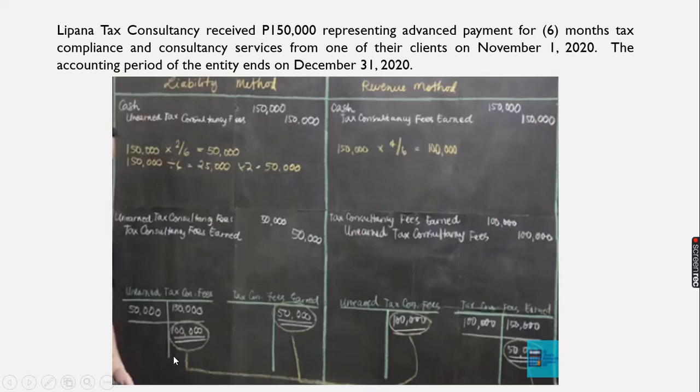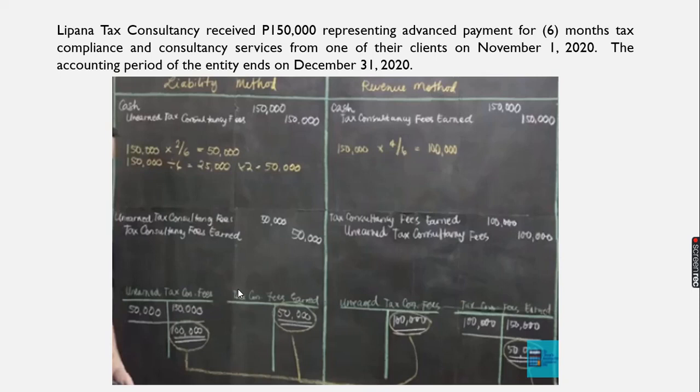So, ang tax consultancy fees earned mo is, yan, yung T-account niya is 50,000. So, yun yung na-earn mo muna. From November 1 to December 31, 2020. Okay? Sa revenue method naman, ayan, cash, 150,000 and tax consultancy fees earned, 150,000.